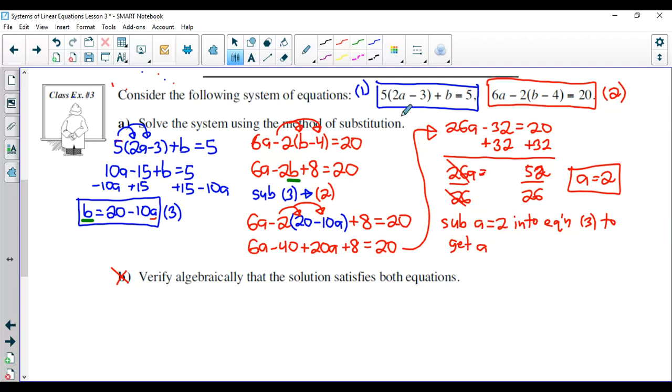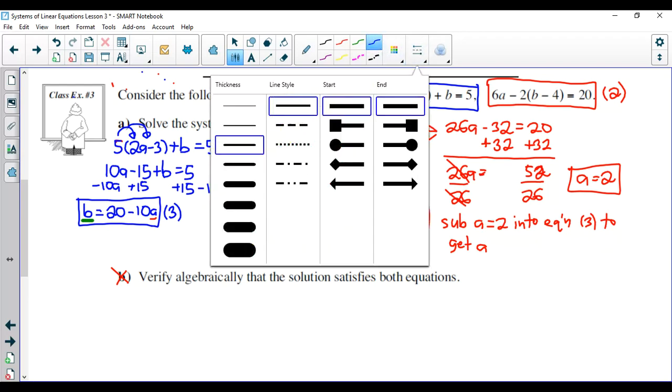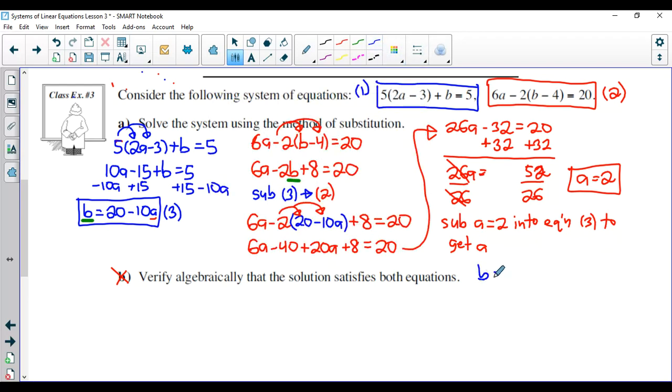If I sub that back into the equation, my equation is b is equal to 20 minus 10 times a. So b is equal to 20 minus 10 times 2. So this would be 20 minus 20, which tells me the value of b would just be equal to 0.